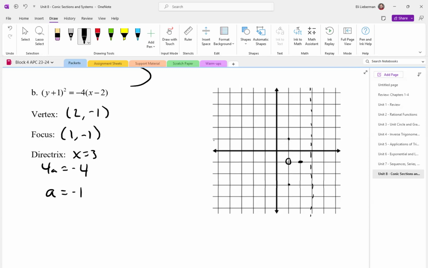Not 2 negative. Sideways, we know it's left, right? Specifically, it's to the left, and that A being -1 leads us in that direction.